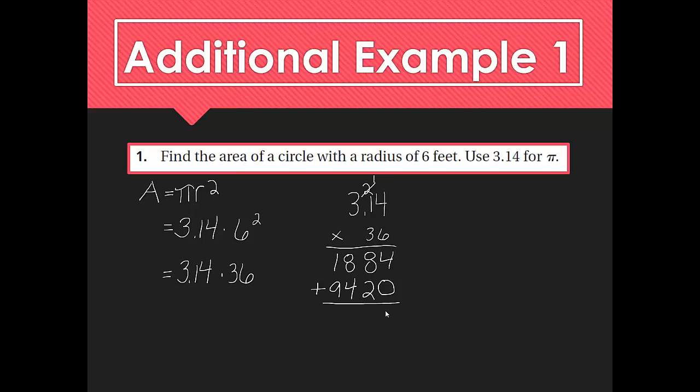So 4 plus 0 is 4, 8 plus 2 is 10, 1 plus 8 is 9, plus 4 is 13, and 1 plus 1 is 2, plus 9 is 11. Now we're going to move our decimal over 2 places, and that would give us 113.04, and our label would be square feet. So the area is 113 4/100 square feet.